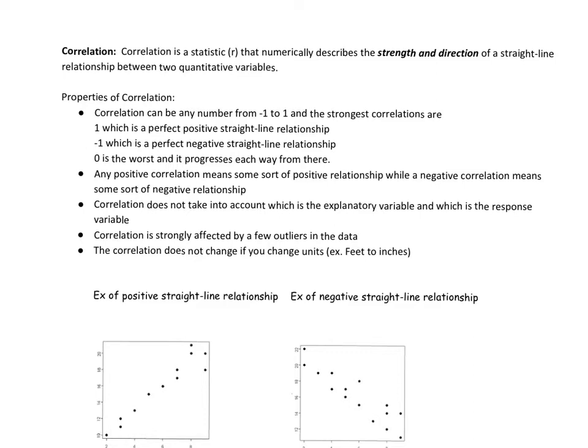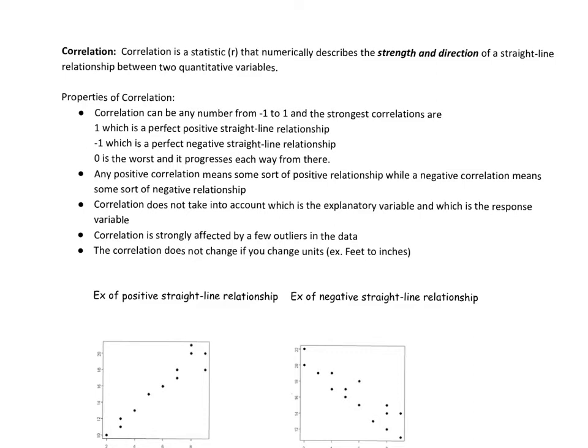So the closer you are to -1 for a negative relationship, the stronger. 0 is the worst. 0 practically says there's no relationship between these two variables. Anything close to 0 on either side, positive or negative, is considered extremely weak. So a positive correlation is any positive number between 0 and 1, and a negative correlation is any negative value between 0 and -1.